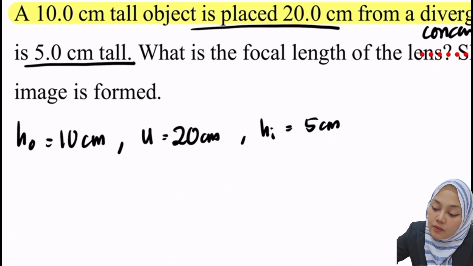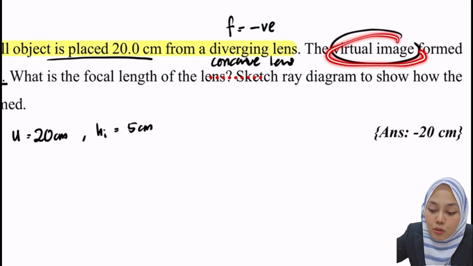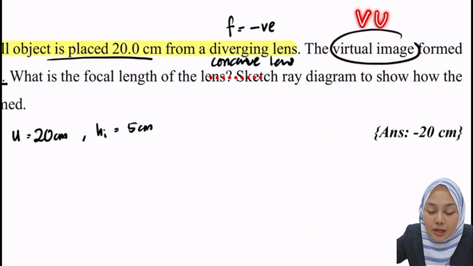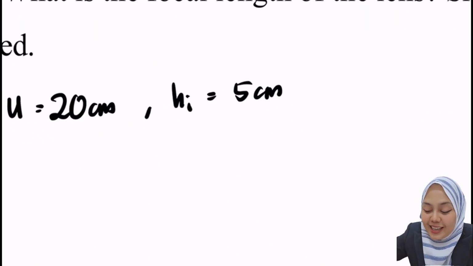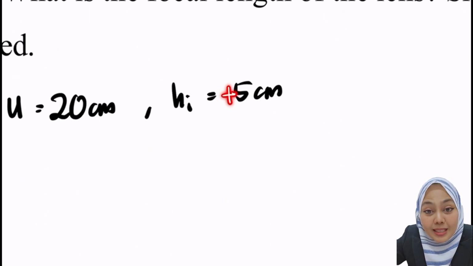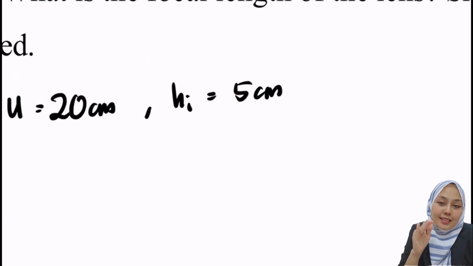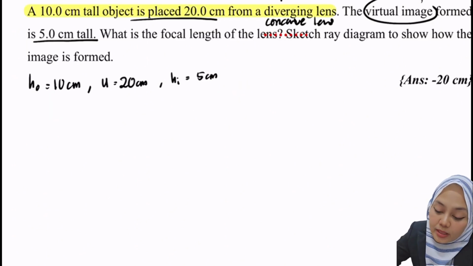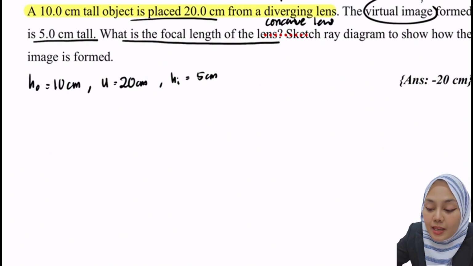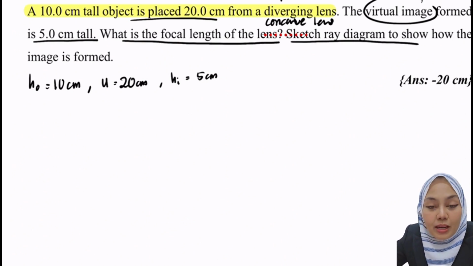It says here that it is a virtual image, so normally virtual comes with upright. Because of that, HI is always positive because it is upright. Virtual is upright. Now back to the question, asking for the focal length of the lens, and also they ask us to sketch the ray diagram.